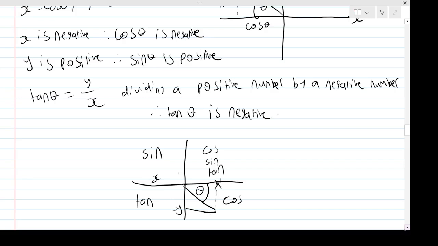But sine would be negative because it's y, sine theta with this triangle. And tan would be negative because y over x, a negative divided by a positive, would still be negative. So only cos, if we evaluate it at an angle between 270 and 360, is positive in this case.